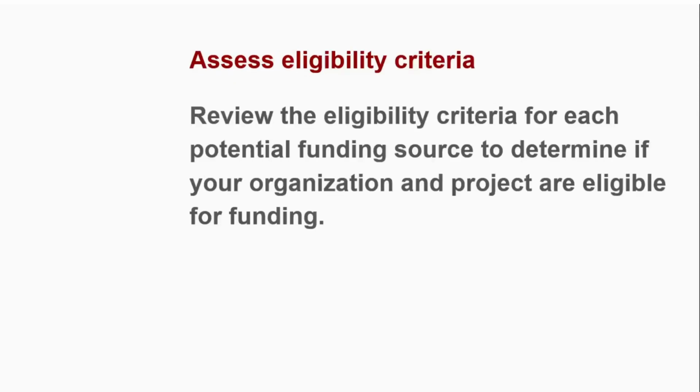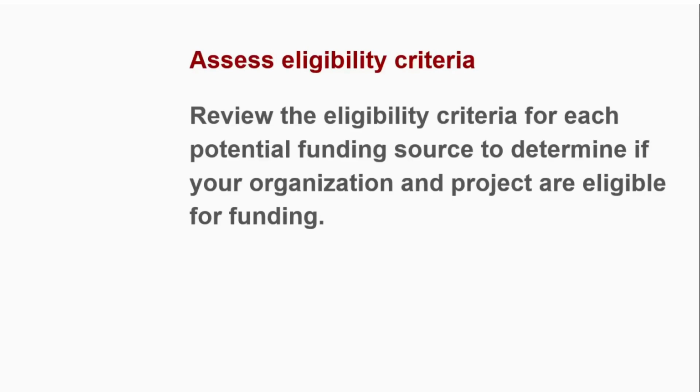The first thing you have to do when you get to the organization's website is to review the eligibility criteria for each potential funding source. This will determine if your organization or project is eligible for funding.